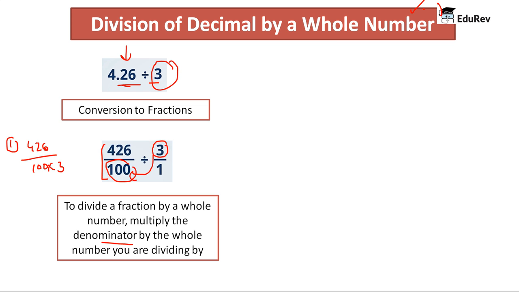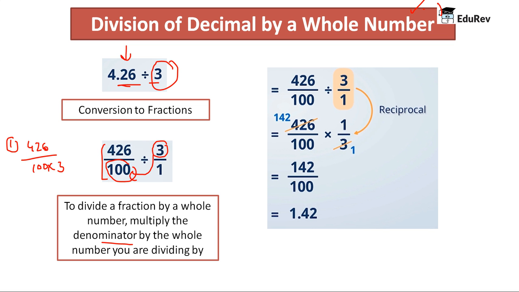We can follow another method of division too. The second method of dividing a fraction by another fraction is this method. We just need to change the division sign into a multiplication sign and convert the divisor into its reciprocal.